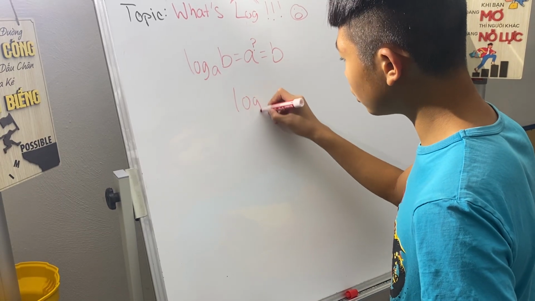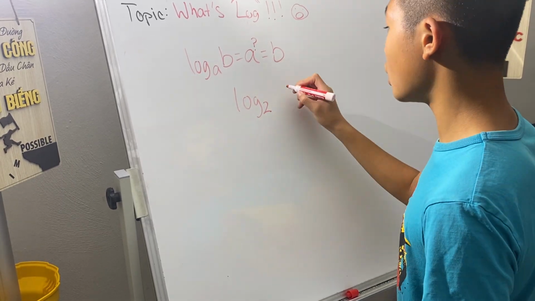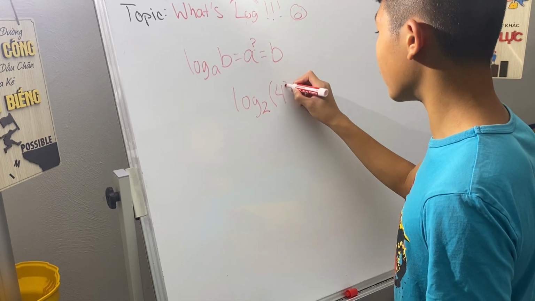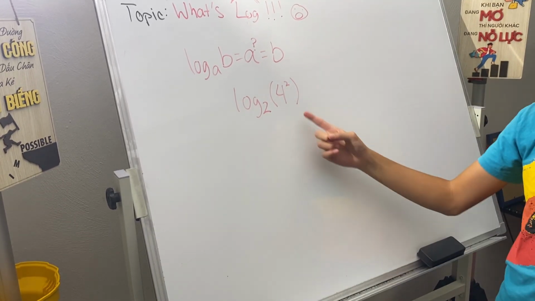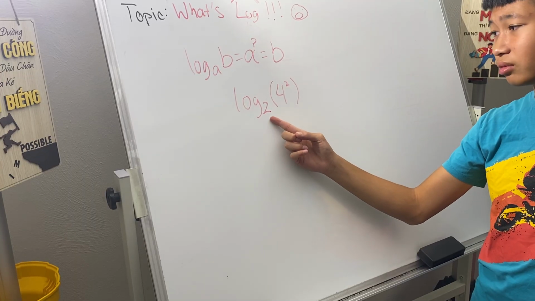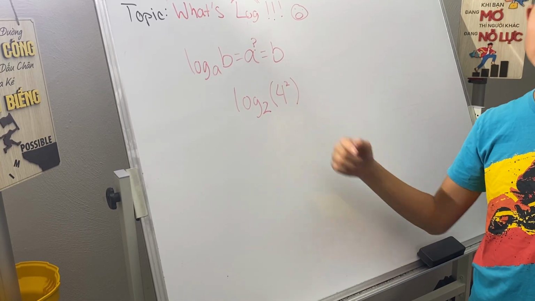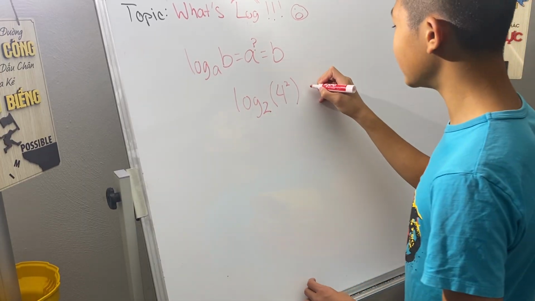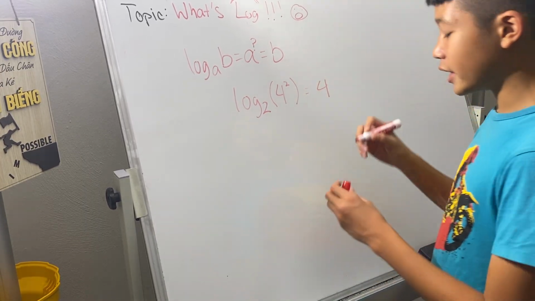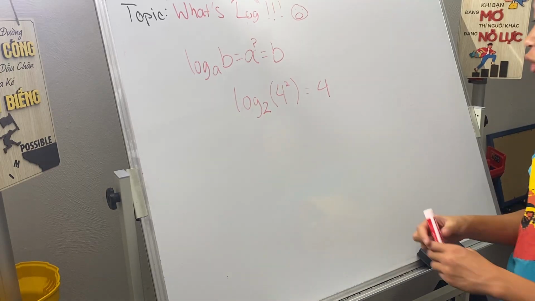But let's say log base 2 of 4 squared. Now, you can calculate this easily and just do 2 to the what? 4 squared is 16. 2 to the what equals 16? 4, right? Very simple. Now, you can do it this way, or you can do it another way.